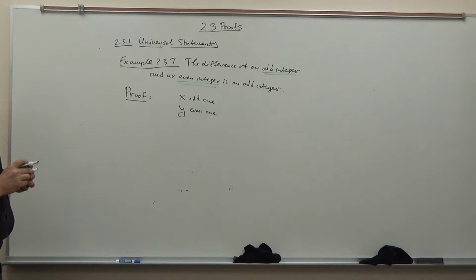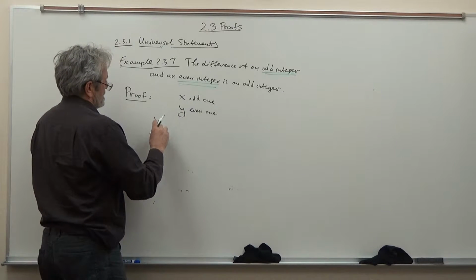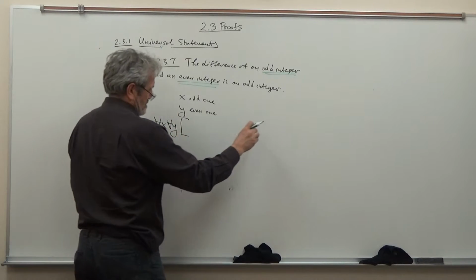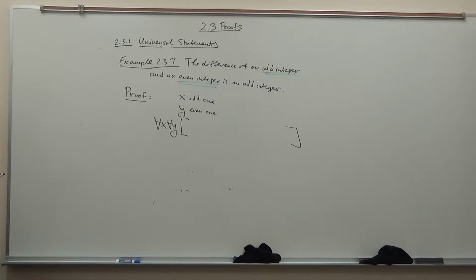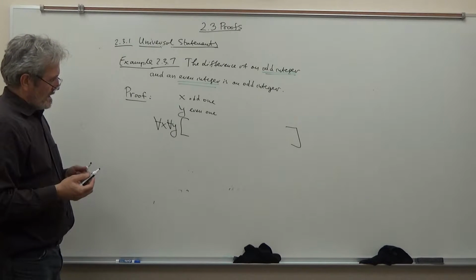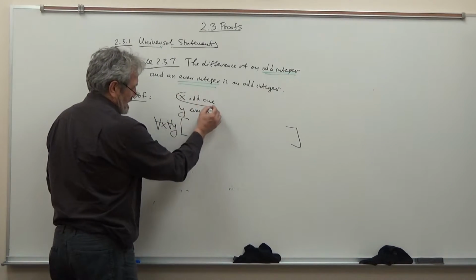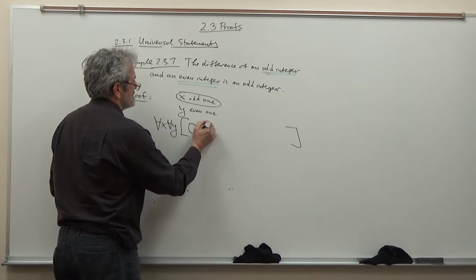So what then? The difference of an odd integer and an even integer. We say the following: for every x and for every y, making the statement for any two objects, all integers. Now what do we know about x? x is not arbitrary, x is the odd one, so we say O of x.